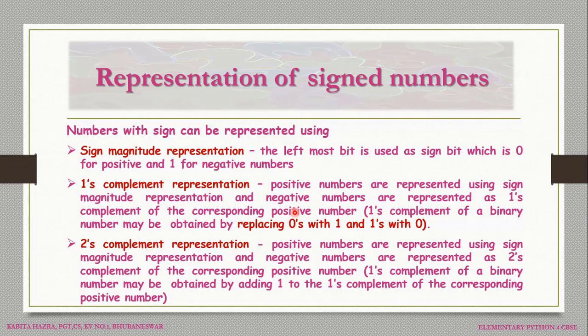So to avoid this problem, the 2's complement method is used, where a negative number is represented as the 2's complement of the corresponding positive number. 2's complement can be obtained by adding 1 to the 1's complement of the binary number.